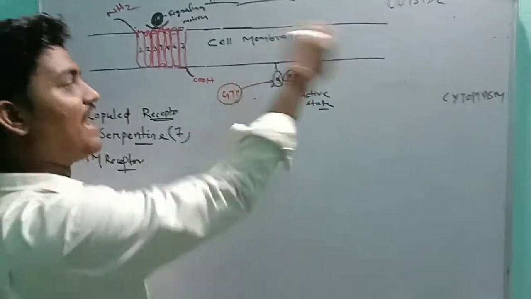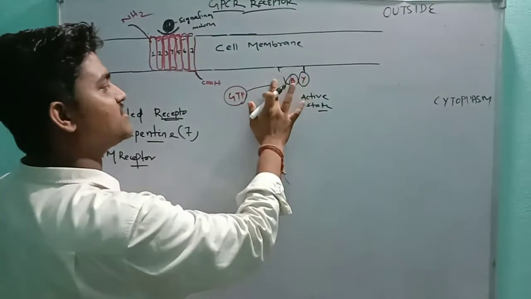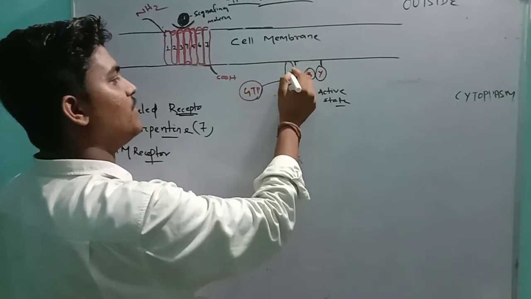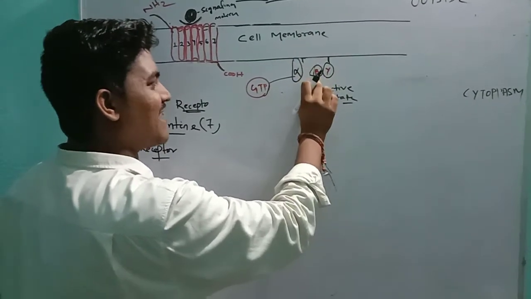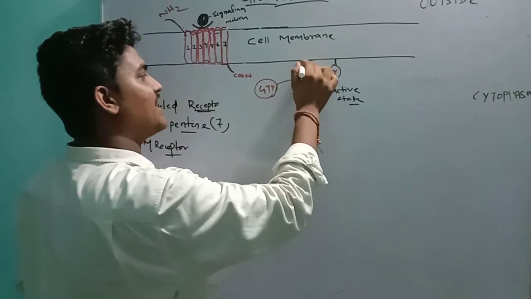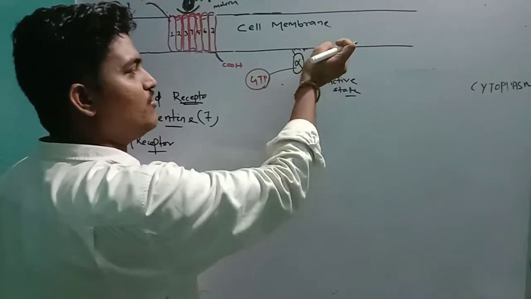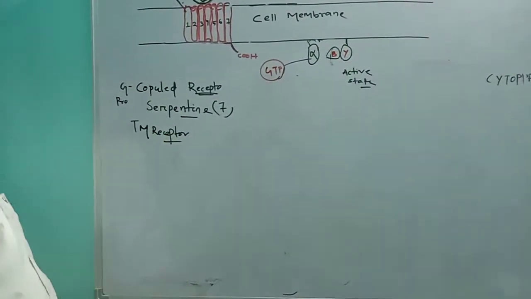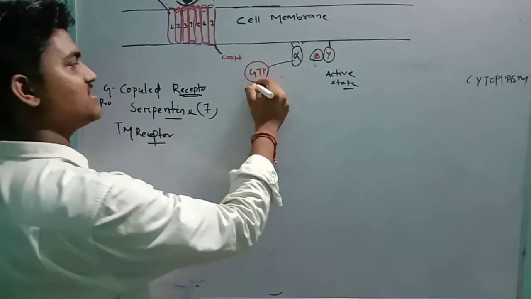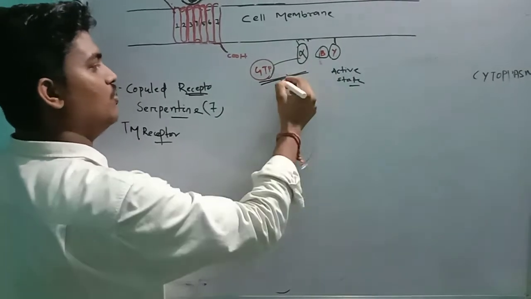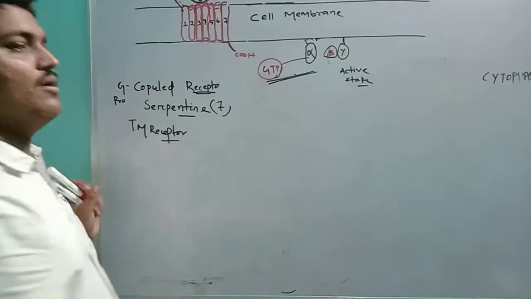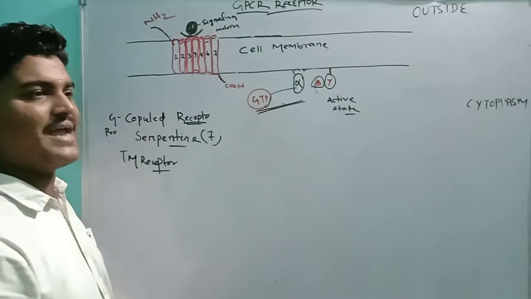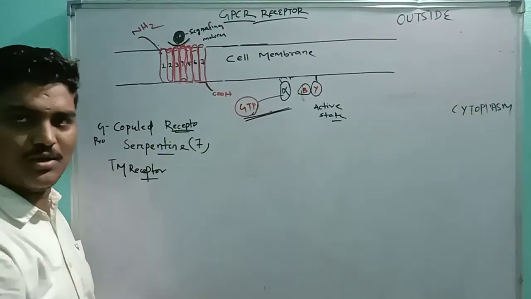When it is active, the alpha subunit of the G protein separates from the beta and gamma. For your information, beta is attached more closely to gamma than alpha, so it remains with the gamma. Now this GTP-bound alpha subunit will activate different enzymes and proteins to carry out the response as per the signaling molecule.